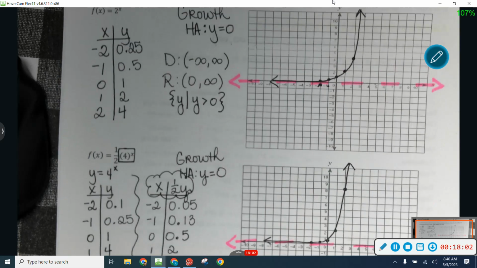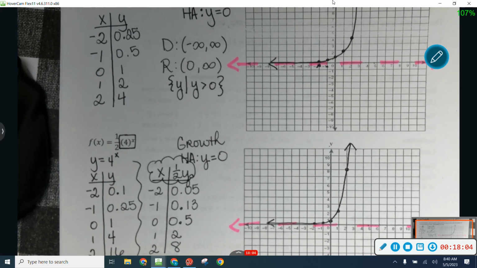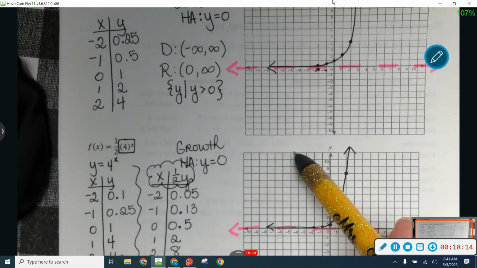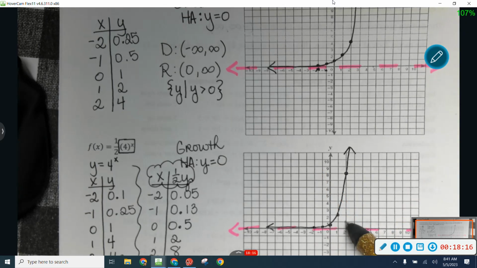If you notice that, they look pretty much the same. That's because with a growth, from left to right, you will increase exponentially. So a decay from left to right will be the opposite. It will start really high and then start to level out on the right end. So a growth increases left to right, a decay decreases from left to right.